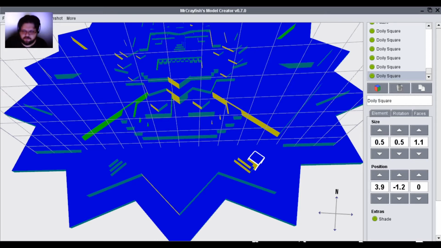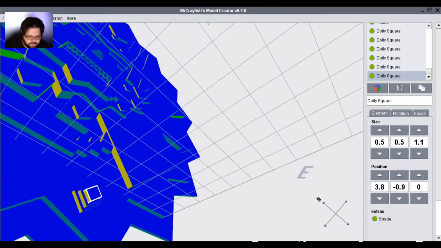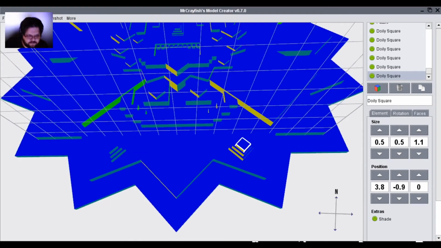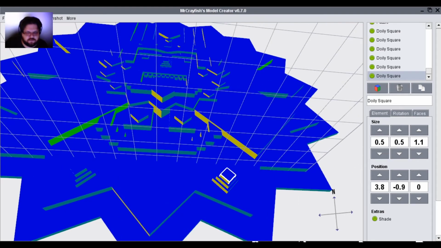3.9. Negative 0.9. 0.8? No, no, no. 8 here, and then 9 here.